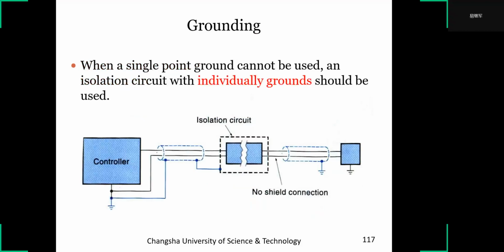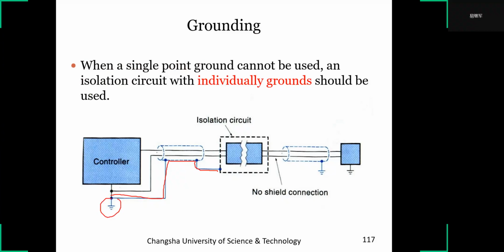When a single point ground cannot be used, an isolation circuit with individual grounds should be used. This circuit is connected to one point and then to the ground.